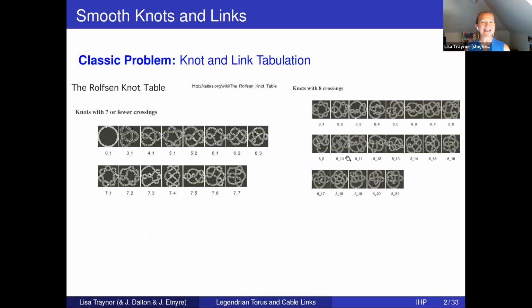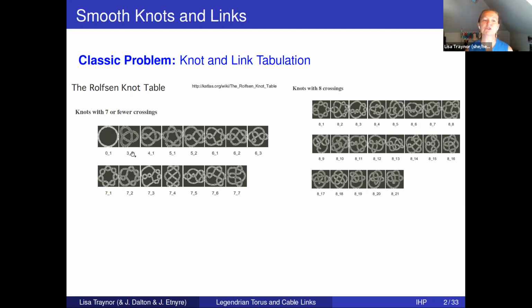A classic problem in topology is knot and link tabulation. If you've seen the Rolfsen knot tables, these are beautiful pictures where they try to write out all knots. For example, this is the zero crossing knot, which is the unknot. This is the trefoil, and notice they only put one trefoil. In fact, there are two trefoils.